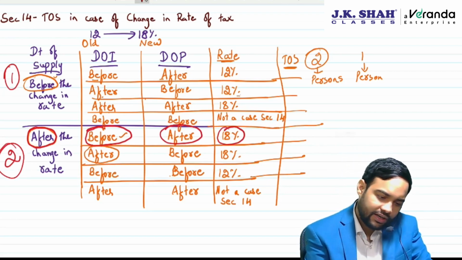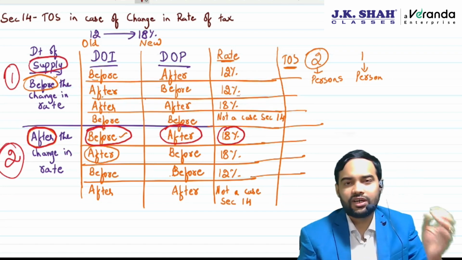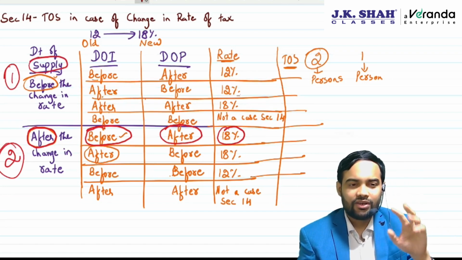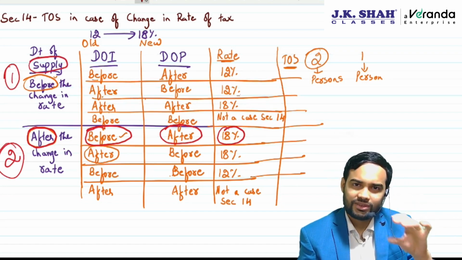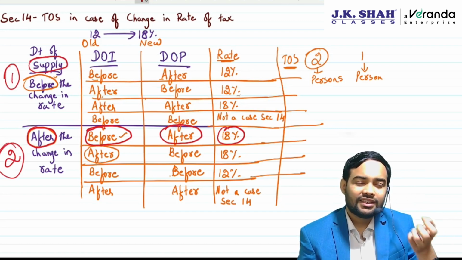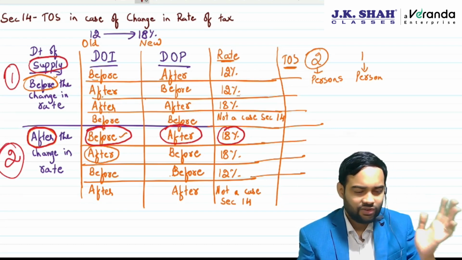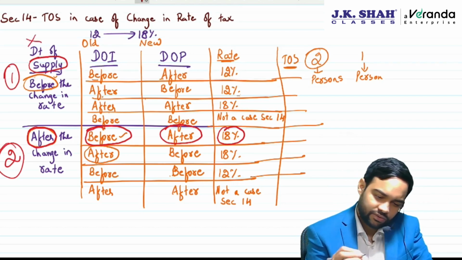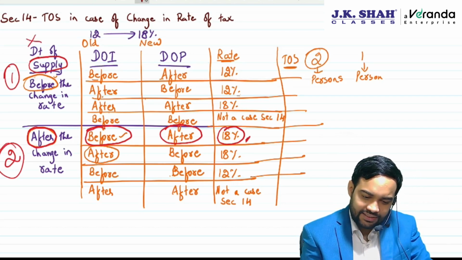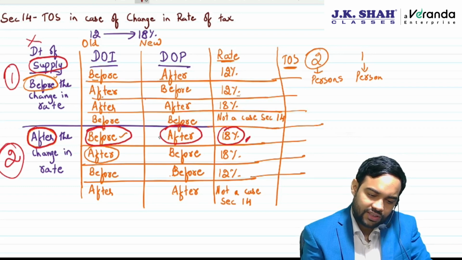Now the date of supply is not considered as time of supply, because that particular date of supply is not used until and unless there is a deviation. So we don't use date of supply. Now 18% is being used. What should we use as time of supply?